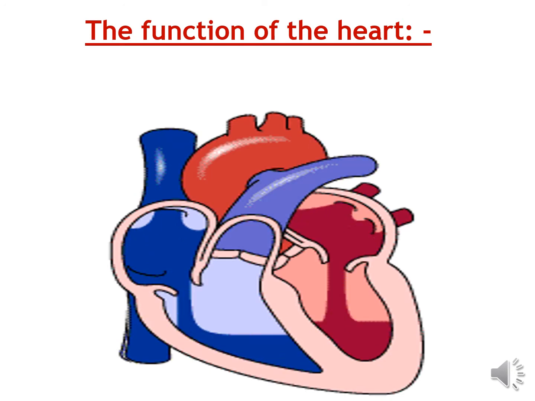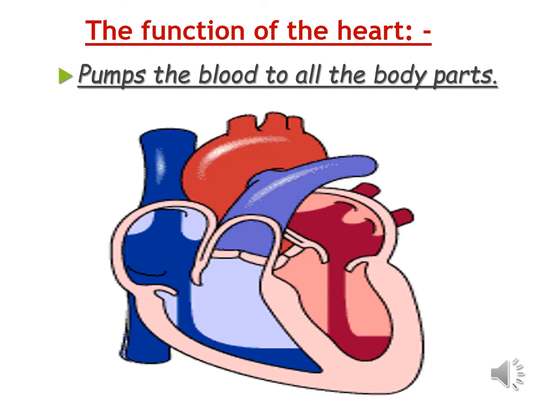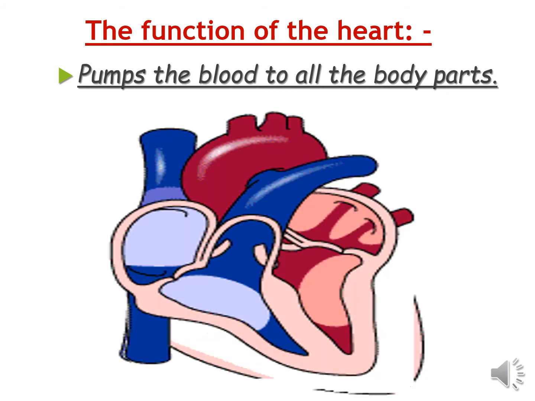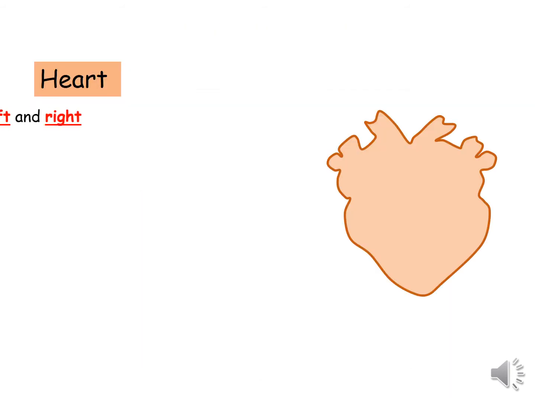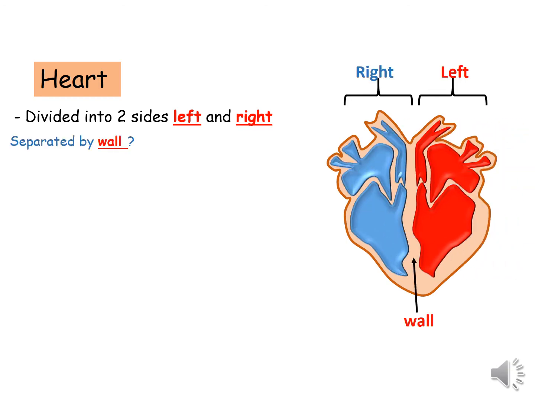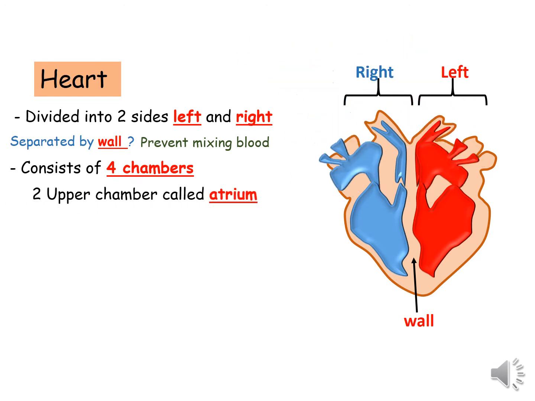The function of the heart is to pump the blood to all the body parts. The heart is divided into two sides, left and right, separated by a wall to prevent mixing of blood. It consists of four chambers.